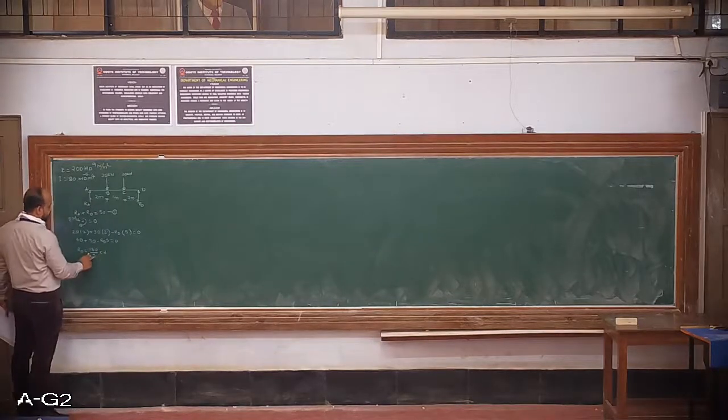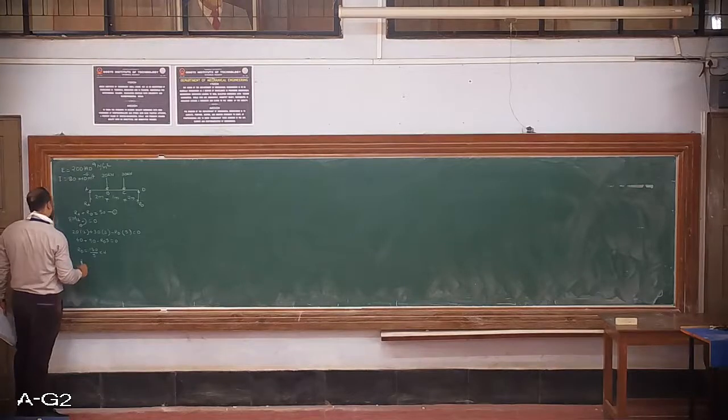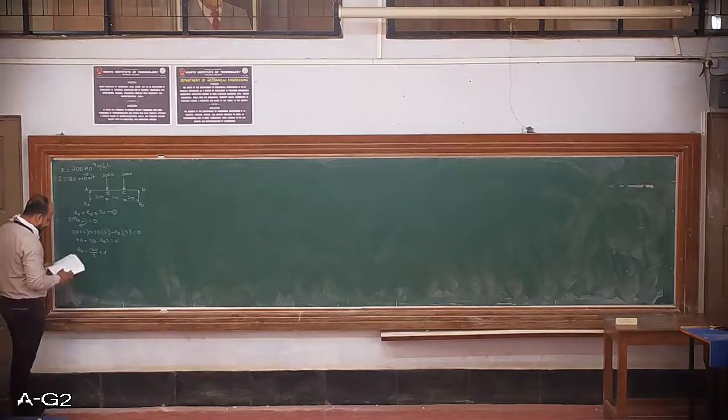So do this, 5 ones are 5, 5 2 are 10, 10 plus 3, 5 4, 5 5. So 25 point, something went wrong. 20 into 2.